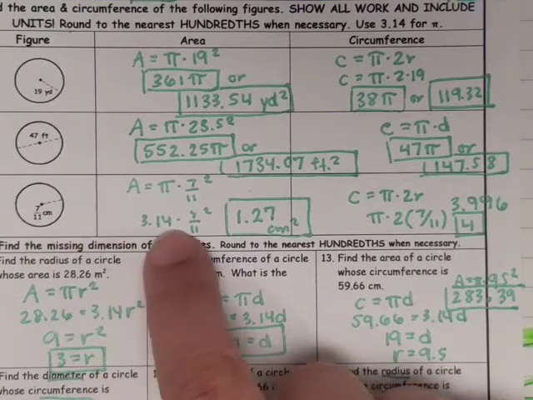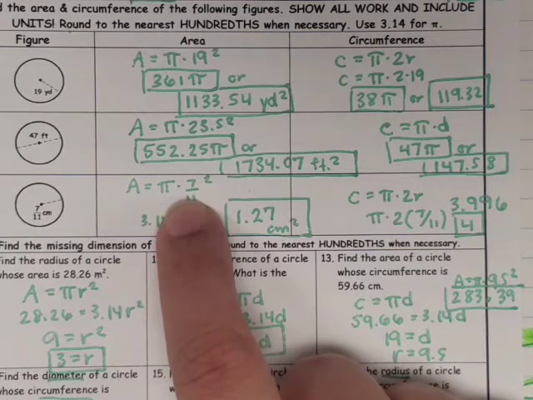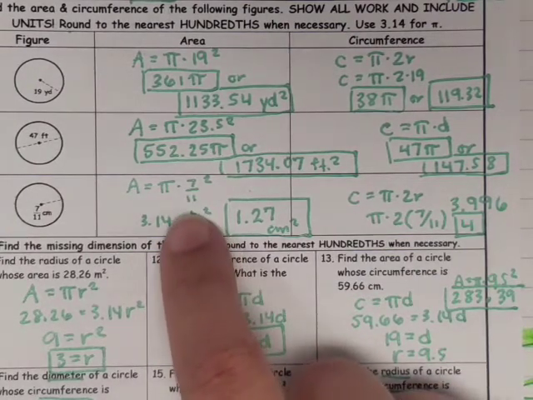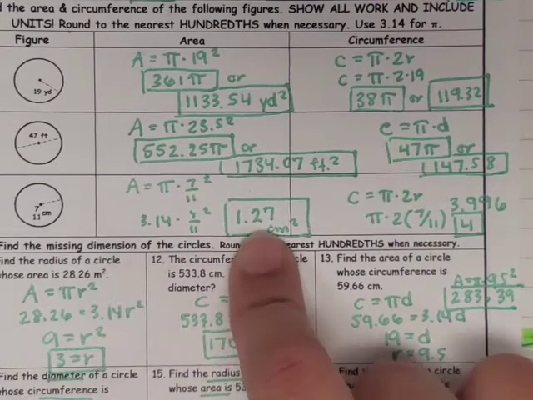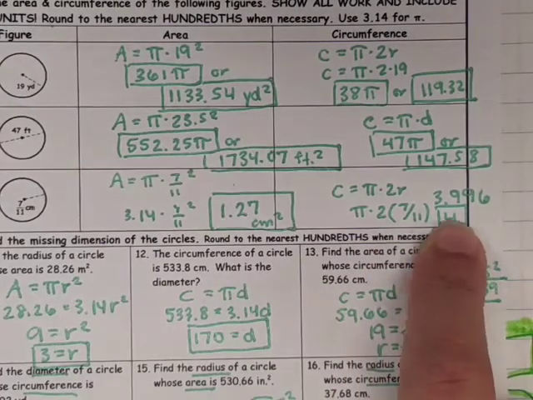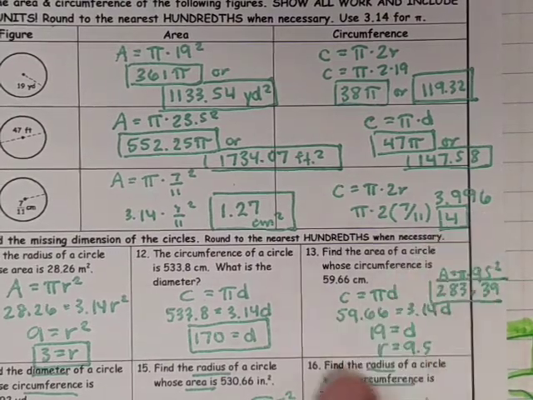For area for number 10, it was, again, the decimal is too long to leave in terms of pi. So I just did the numerical answer of 1.27 centimeters squared, and then the circumference I got was 4, because it was 3.996, which when we round to the hundredths place gave me 4.